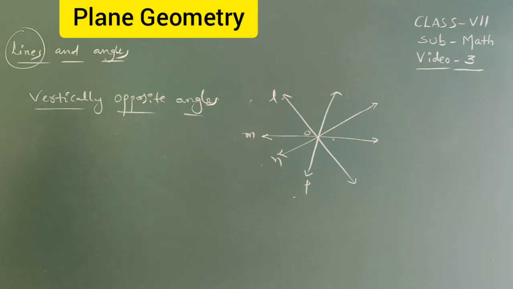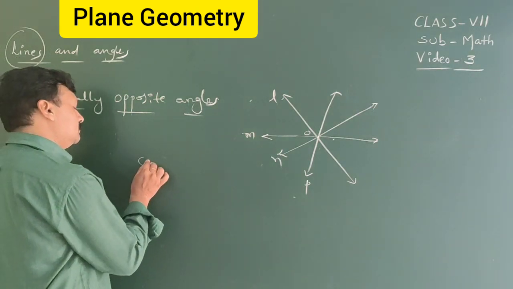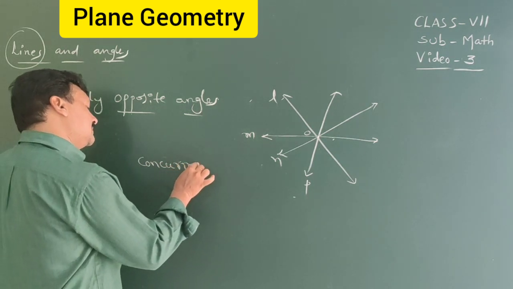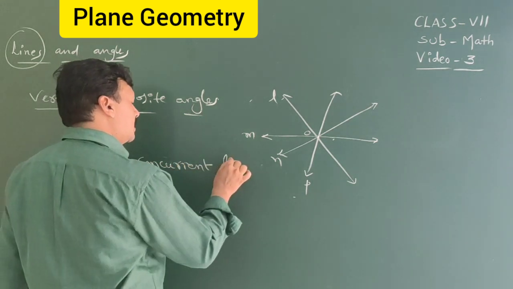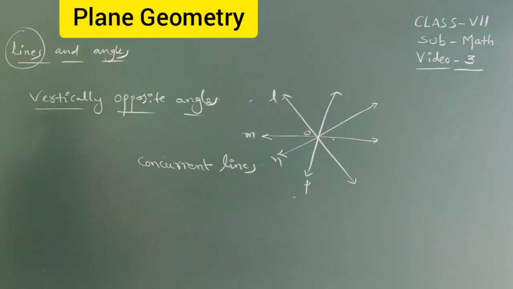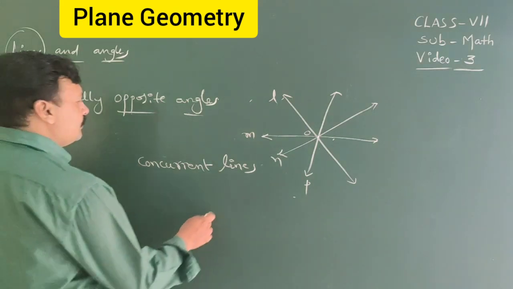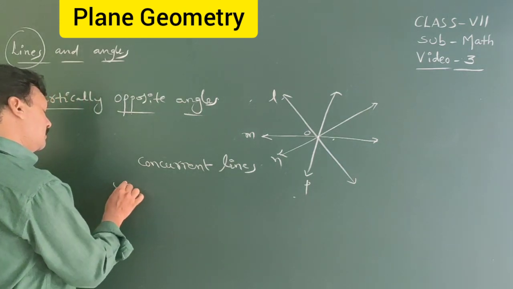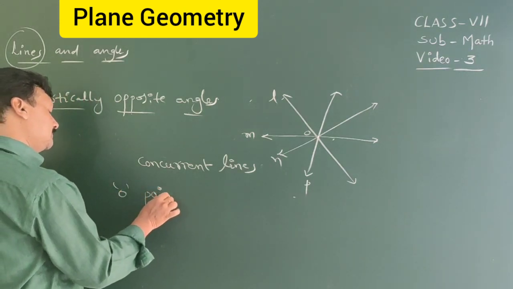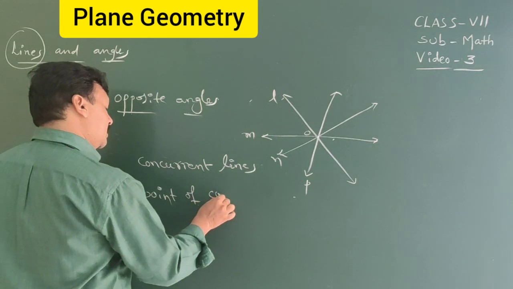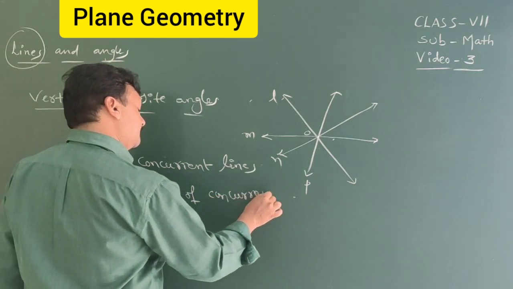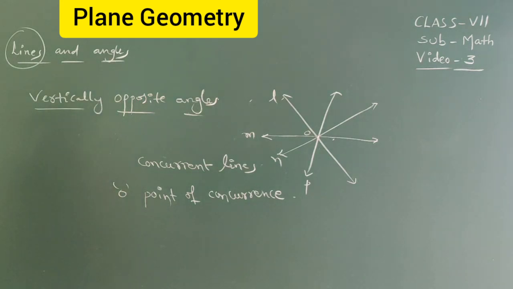More than two lines that meet at a point are called concurrent lines. Concurrent lines. Here O is called the point of concurrence.